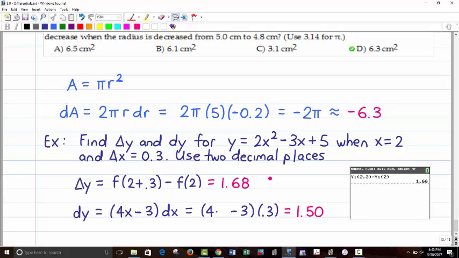So it's 4 times 2 minus 3, which would be 5. 5 times 0.3 is 1.50. So yes, I must have been in a hurry when I was doing this. So I'll change this, that should be a 2 right there, but the answer is correct. So it's a little bit off, but 1.5 for approximating 1.68 is a little bit off. And so that concludes this lecture on differentials.